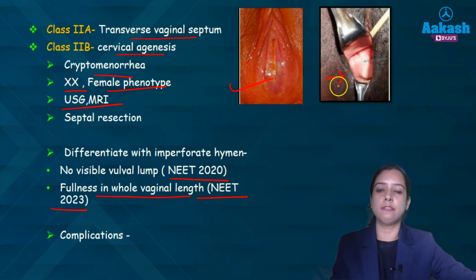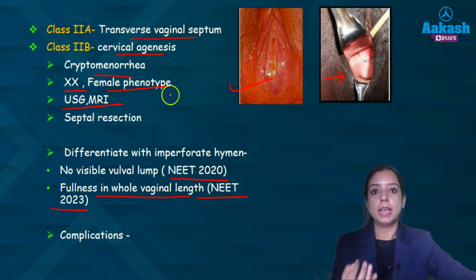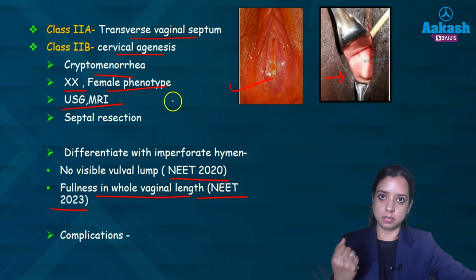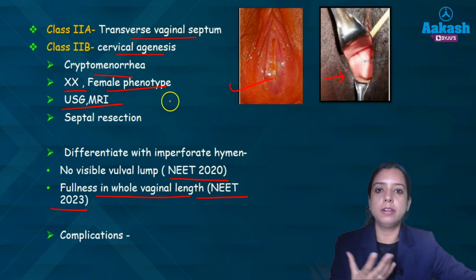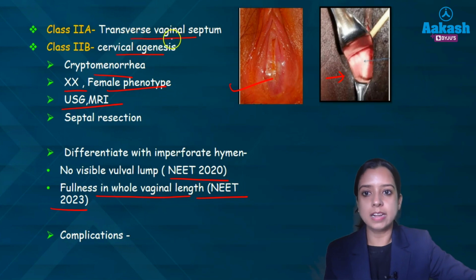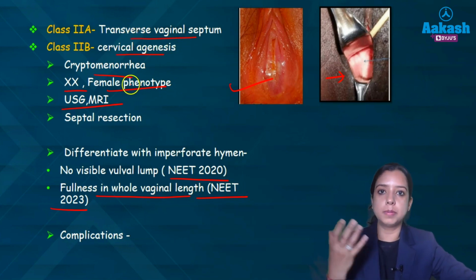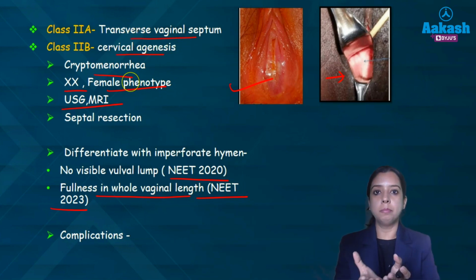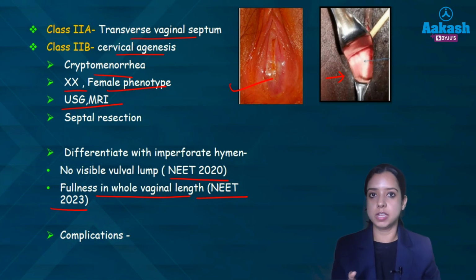How will the vagina have blood? So it cannot be there. Another option was vaginal agenesis. No, the vagina is agenetic. How will the blood be there in the vaginal canal? Again, it cannot be there. Another option was high transverse vaginal septum. In high transverse vaginal septum, exactly how will blood collect in the vagina? So the answer was imperforate hymen, in which there will be vaginal fullness in the whole of the vaginal length.